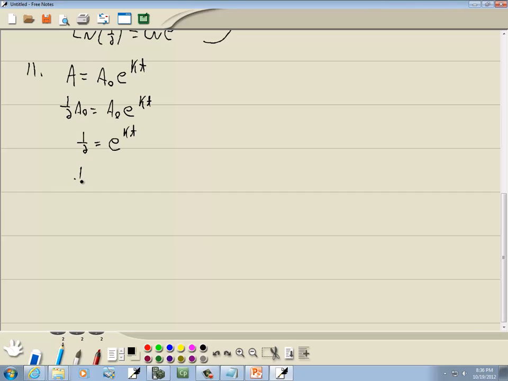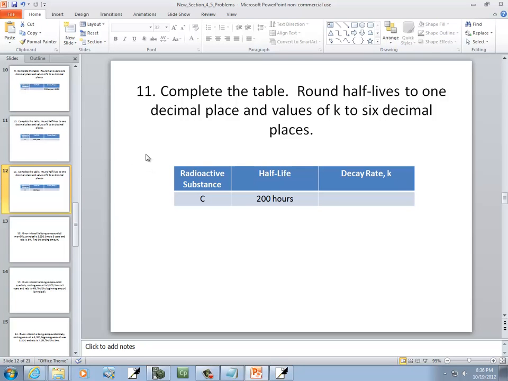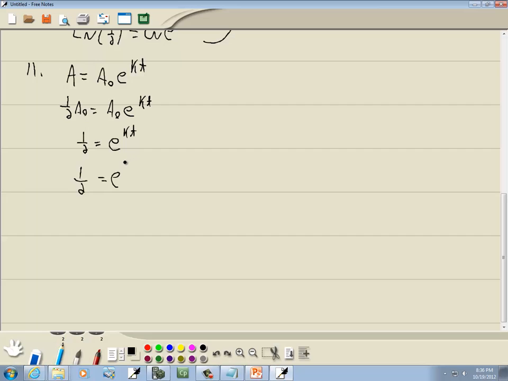So they tell us that we're trying to find k, and they say half-life is 200 hours. So put 200 in for t. Now realize our model is going to be based upon hours here, no longer years. So whatever we might plug in, we'd have to make sure it's in hours.